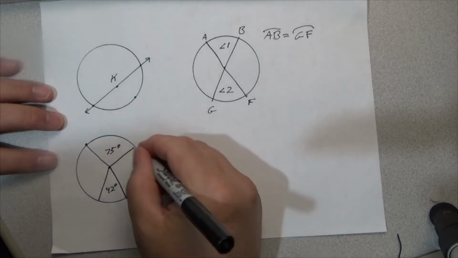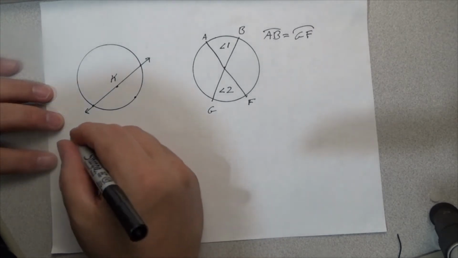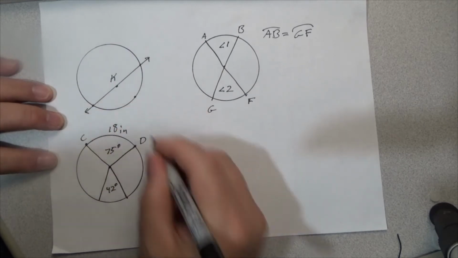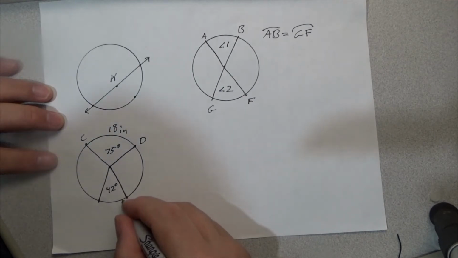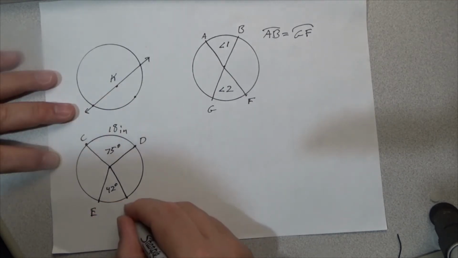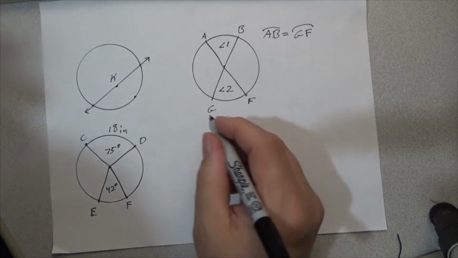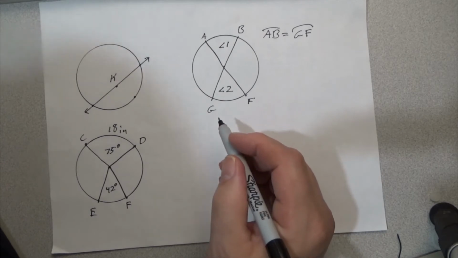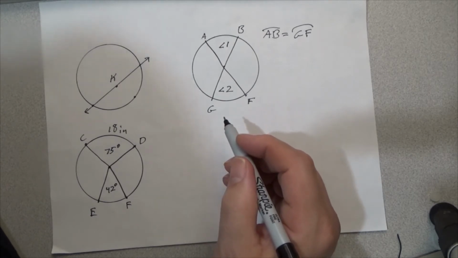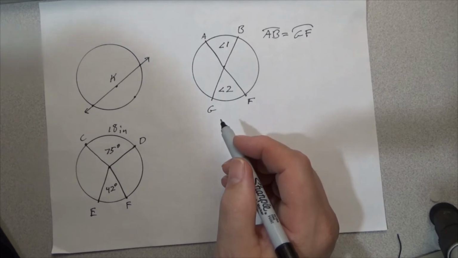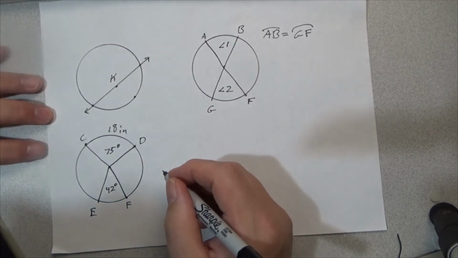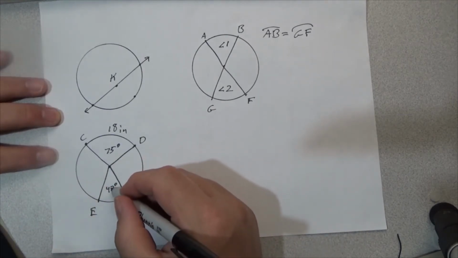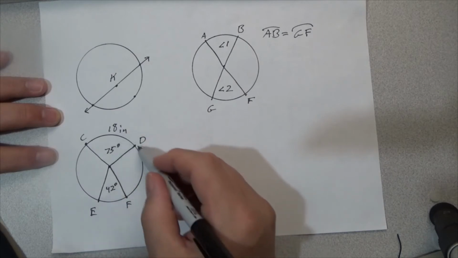Then we have this arc length here, CD, which is 18 inches. We do not know what this arc length down here, EF, is. However, let's look at the postulate. In the same circle, two central angles have the same ratio as the arcs that subtend them. So that means that this angle and this angle have the same ratio as this arc and this one.